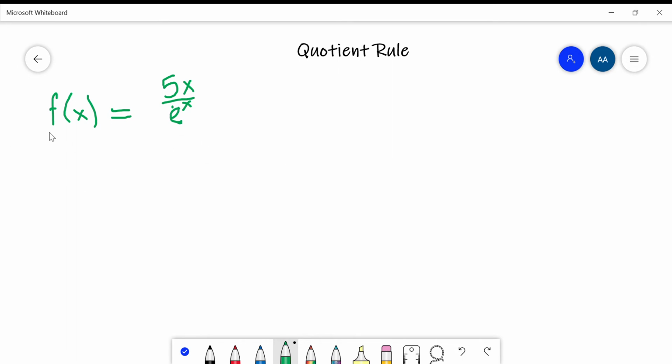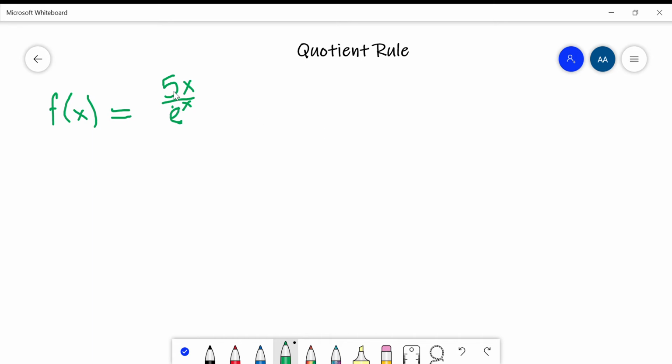And so I have a little function here, and f of x is equal to 5x over e to the x. And what we're going to do is, you can see that it's one function being divided by another. So far we haven't really found a way to deal with this yet.